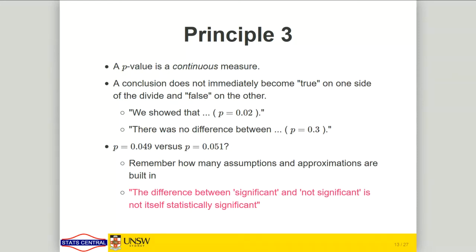So if you're using a t-test or a z-test or something, nothing in the world is truly normally distributed. Distributions can get close to normal as you get bigger and bigger samples. The exact distributions of test statistics are often based on asymptotics, which is what happens when your sample size gets infinitely large, and you never have an infinitely large sample size.